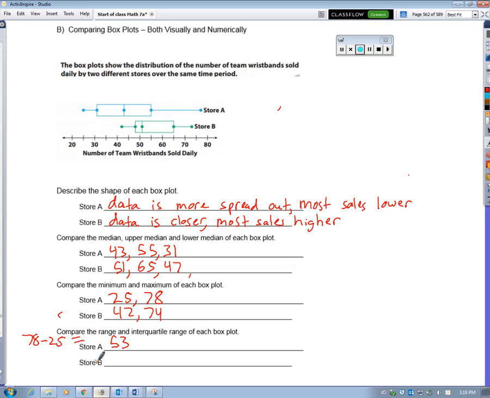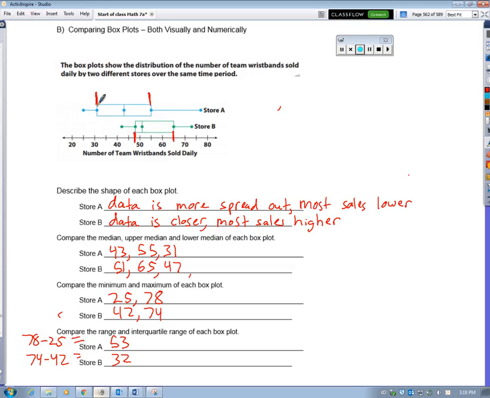And then store B, we're going to go 74 minus 42. Okay, and when we do the math on that, that gets us 32. Okay, so there's our range. Store A has a higher range than what store B is, and we can see that just by looking at it.